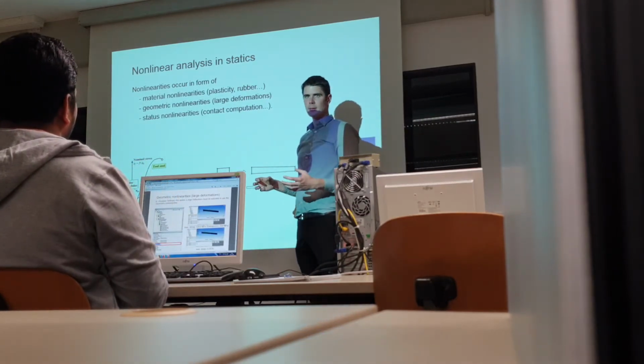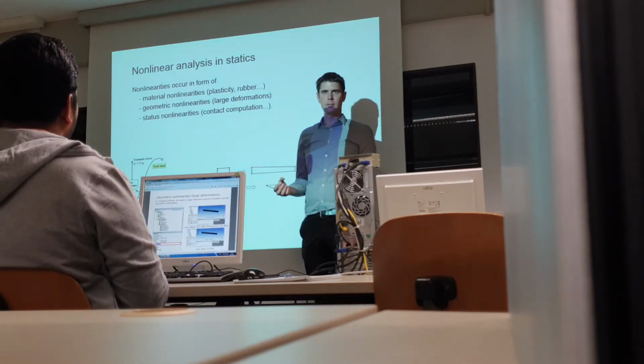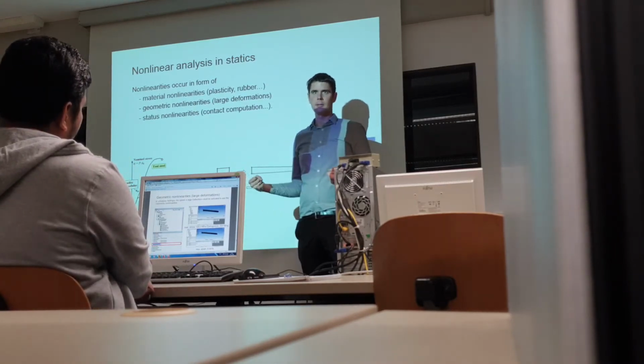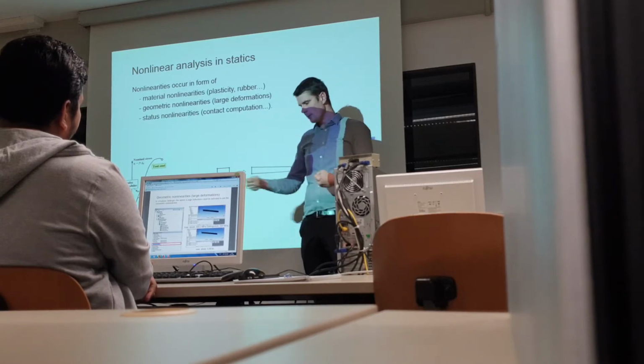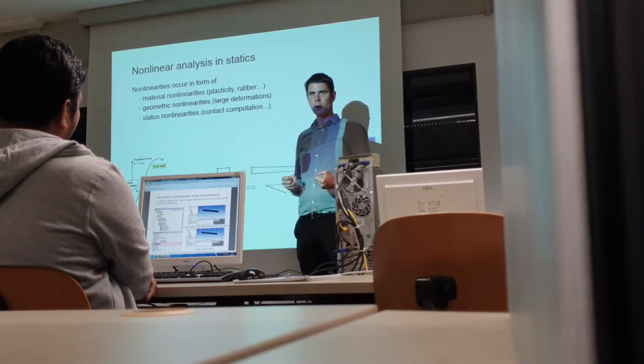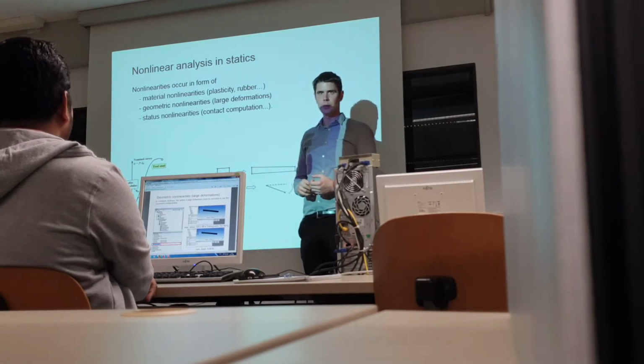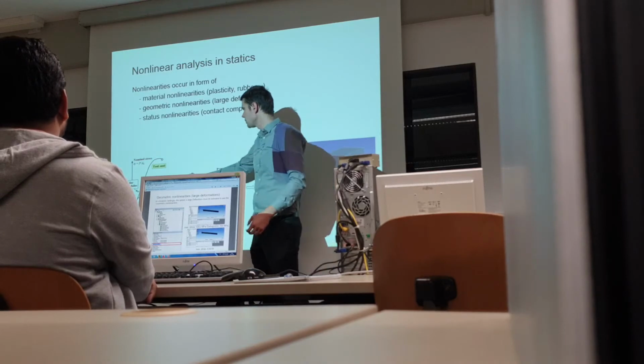My measurement: I take my part, my beam, and I pull my beam before it's broken. And what happens in the moment it's broken? My area is really small. But how do I do my measurement?